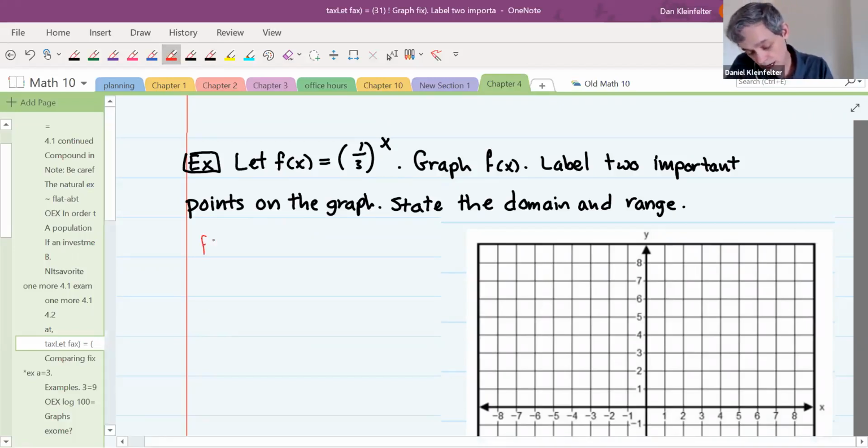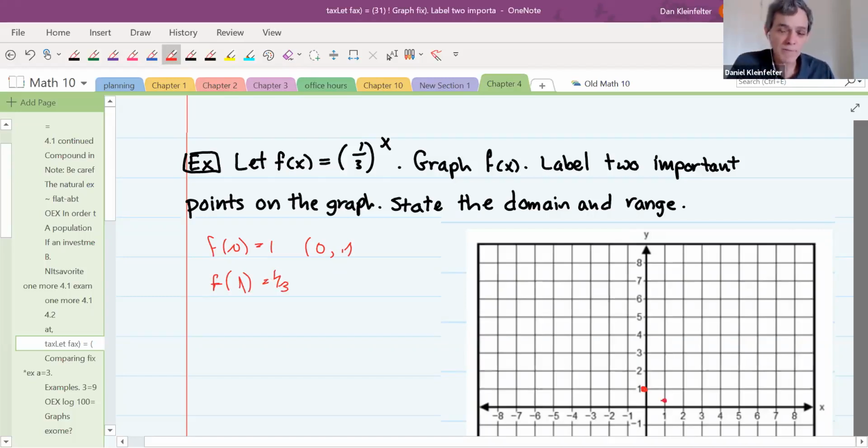So I know that f of 0 is equal to 1. So the point 0, 1 will be on the graph. Okay, and then also f of 1 is 1/3. So the point 1, 1/3 will be on the graph.